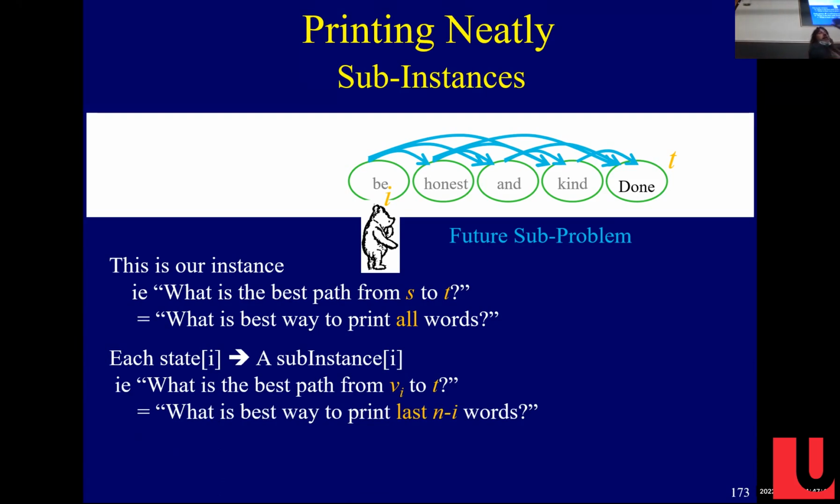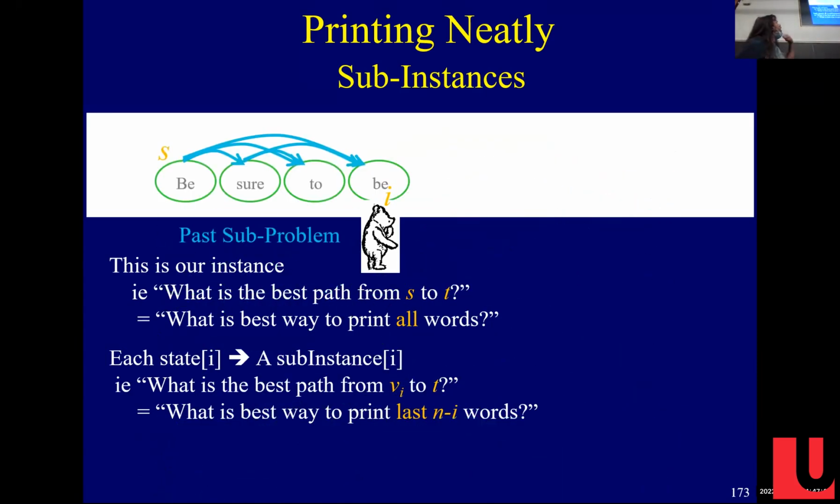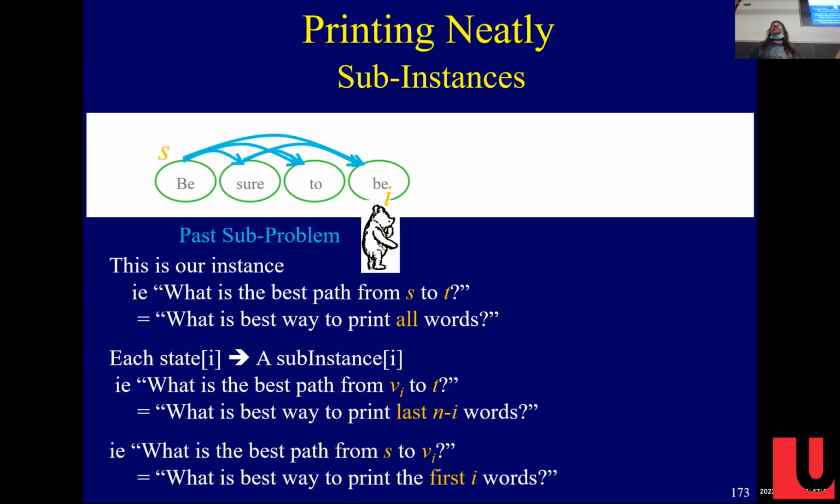They're going to be on lines by themselves. How do I print them? And that's a separate question from the past question, which is what's the best path from S to v_i, and how do I print those first i words, right? Does that make sense? There's 2 problems there.